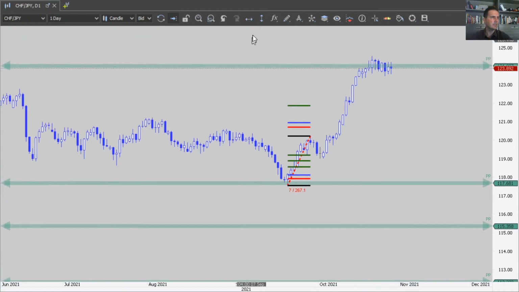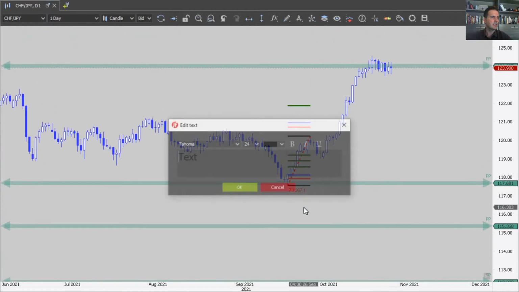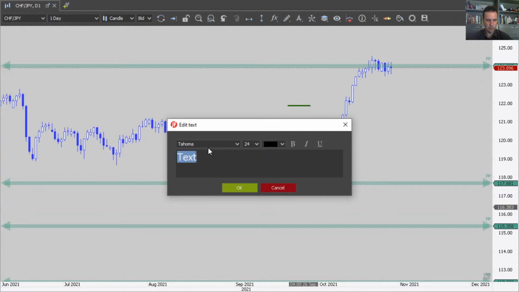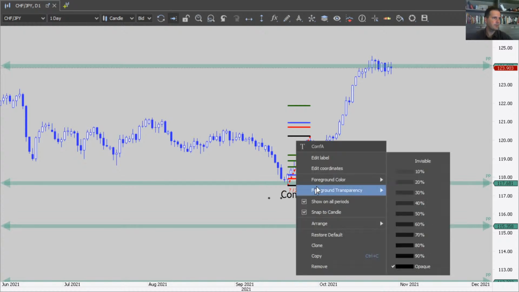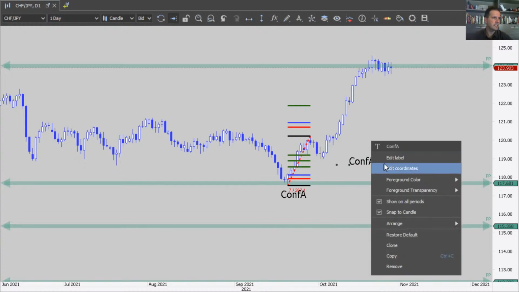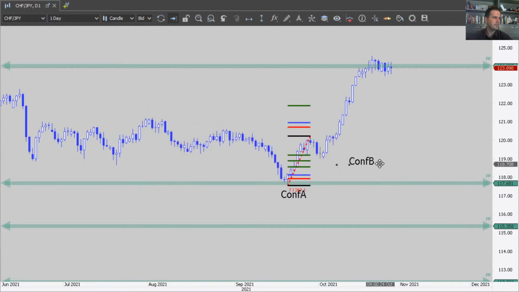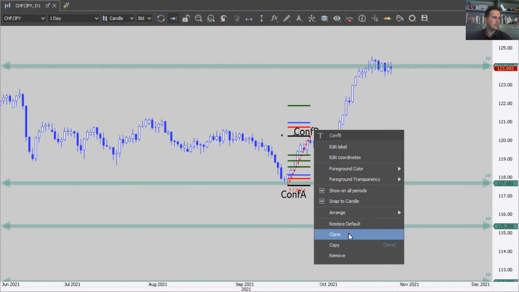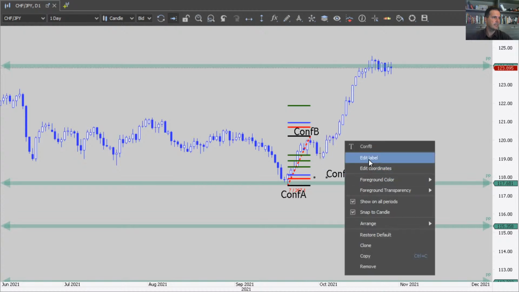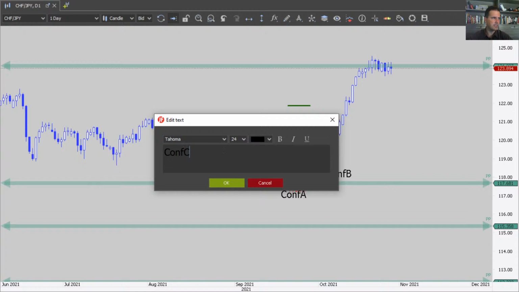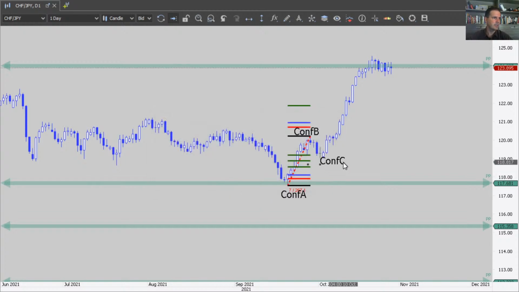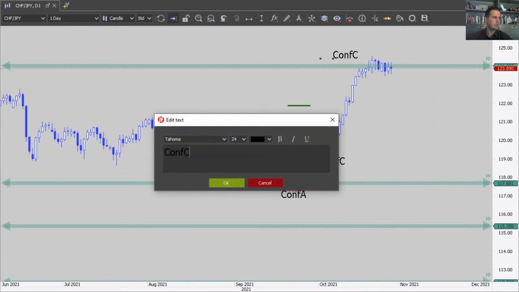Simple, as we learned about sub A, sub B, or conf A. Fibonacci of the confirmation, clone, edit label, confirmation B, and clone, edit label, confirmation C, and finally clone, edit label, confirmation D.